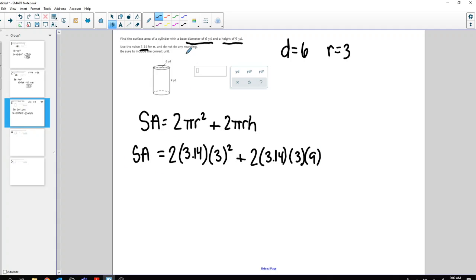They tell me not to do any rounding, so when I get my answer here, I get 226.08. Now in this case, I have to come up with my units. When we are doing area, it's always going to be your units squared. So 226.08 yards squared.